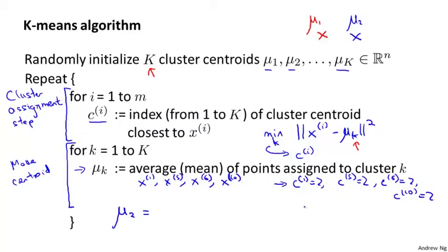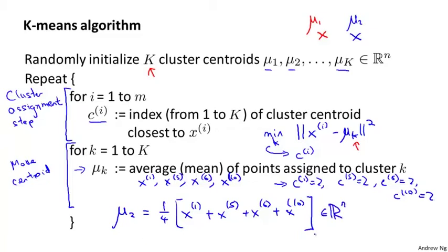Then in this move centroid step, what I'm going to do is just compute the average of these four things. So I'm going to take x1 plus x5 plus x6 plus x10, and then average them. Here I have 4 points assigned to this cluster centroid, so just take 1/4 of that, and now mu2 is going to be an n-dimensional vector, because each of these examples, x1, x5, x6, x10, were n-dimensional vectors.